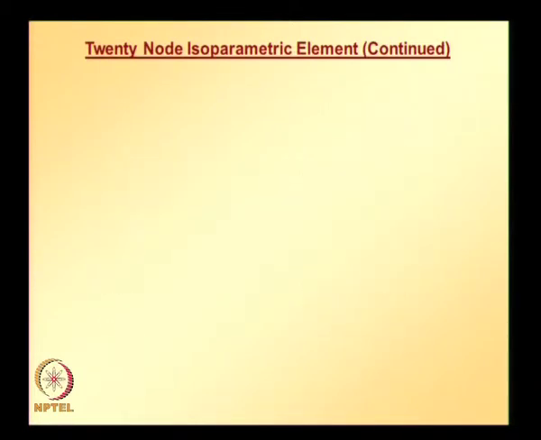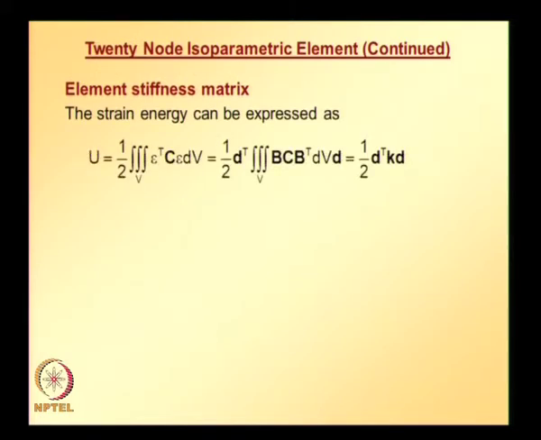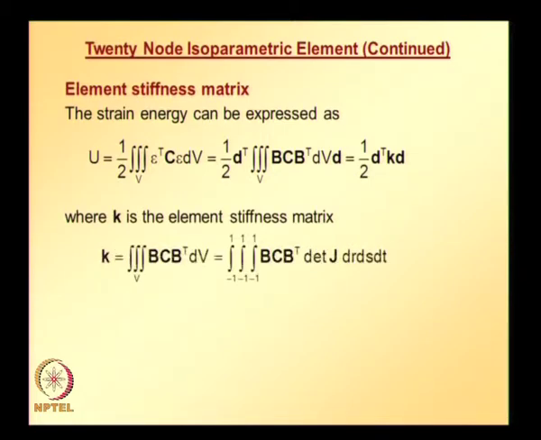Substituting this definition in the strain energy expression, we get the element stiffness matrix, where K is the element stiffness matrix, defined like this. The individual terms in the K matrix must be evaluated using numerical integration like Gaussian quadrature, because the B matrix is not a constant. And the only thing is the size of the K matrix you need to keep in mind.